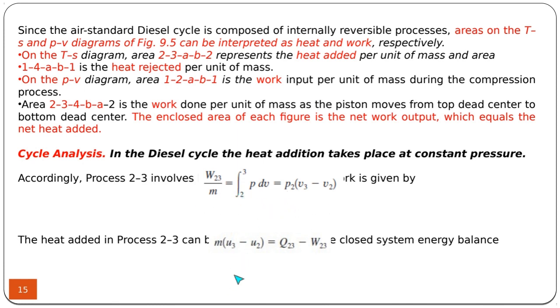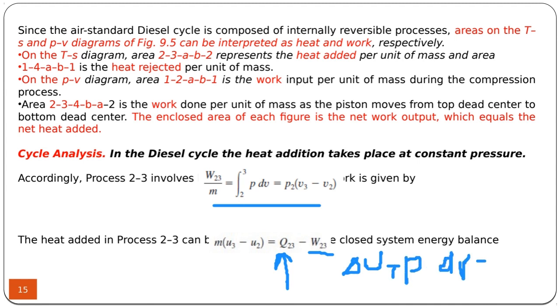And actually, the heat added in the process can be obtained from the first law of thermodynamics, which is Q net minus W equal to the internal energy change. So from here, you can calculate the heat addition. And this was calculated up here. So heat addition is actually, if you do the calculation, du plus PdV, which you will remember as dH.